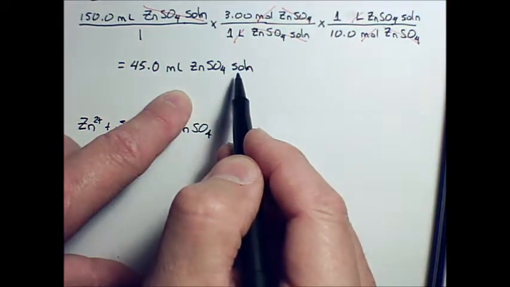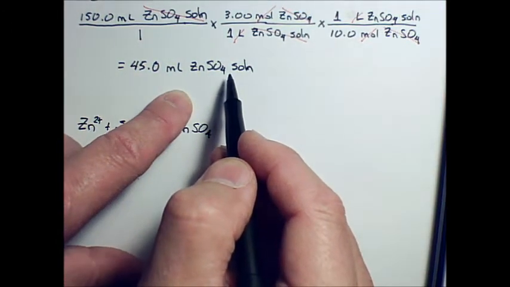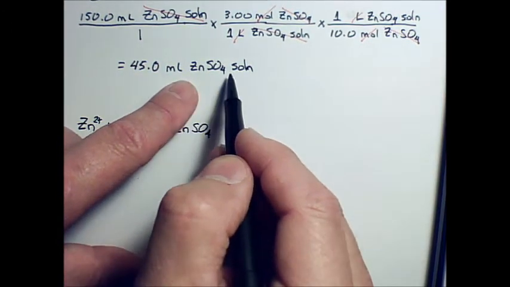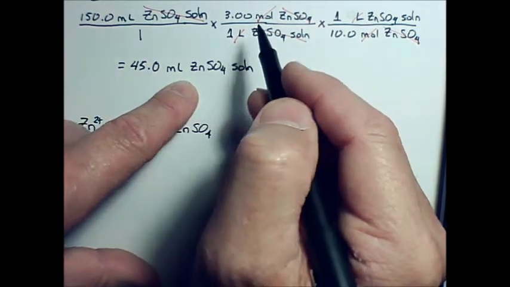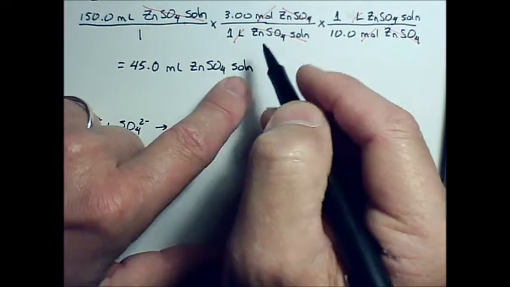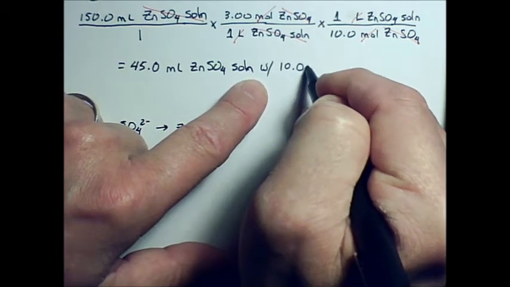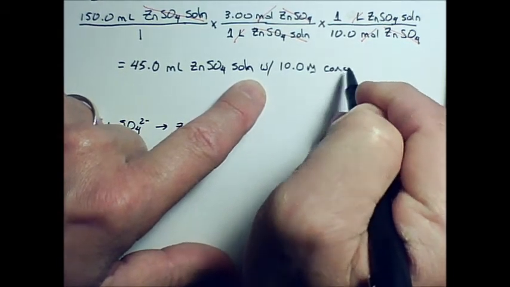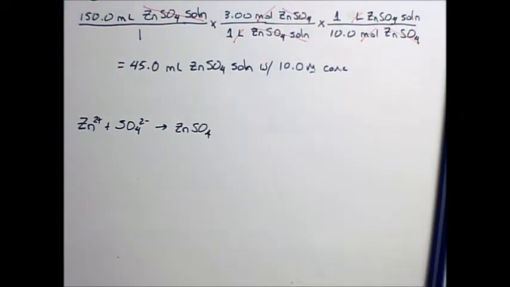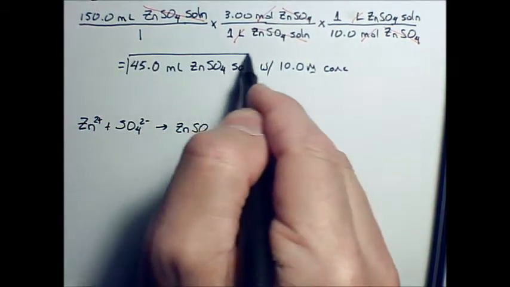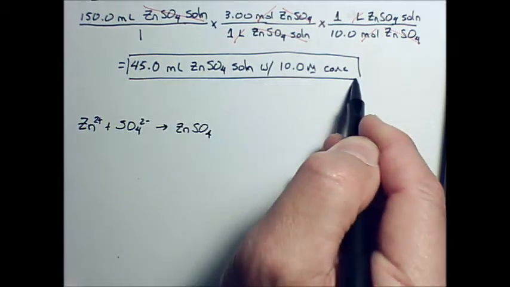Which solution is this one supposed to be? The 10 molar. So we need to be clear about which one we're using and say that this is milliliters of the zinc sulfate solution with the 10 molar concentration. You have to specify which one you're using. All right, so that's the answer we're looking for.